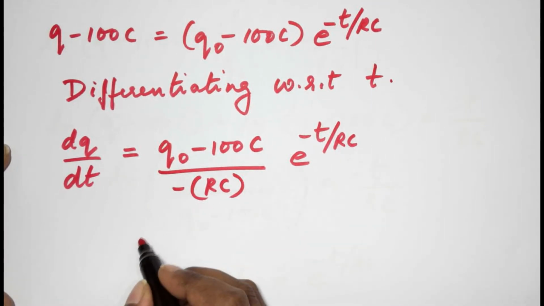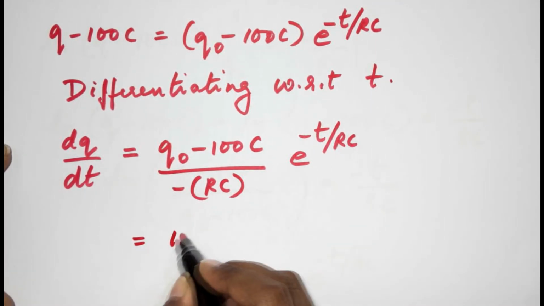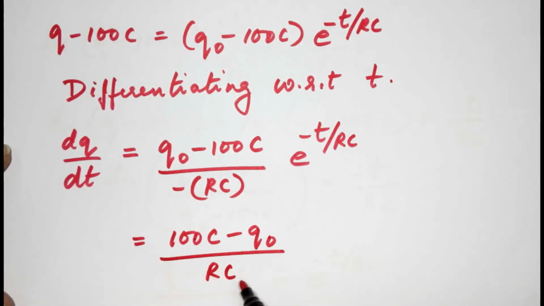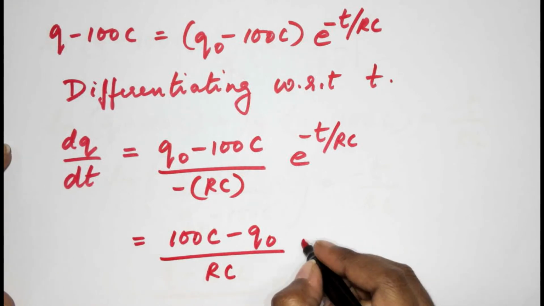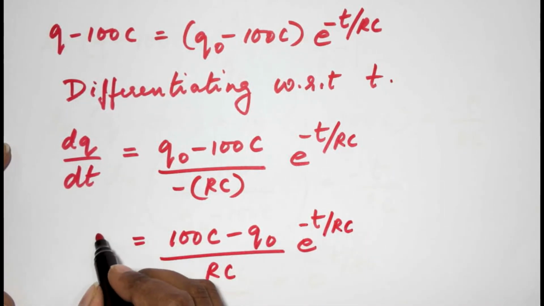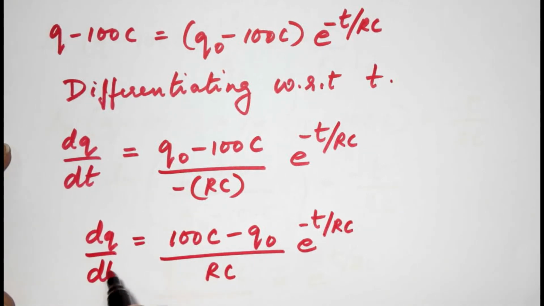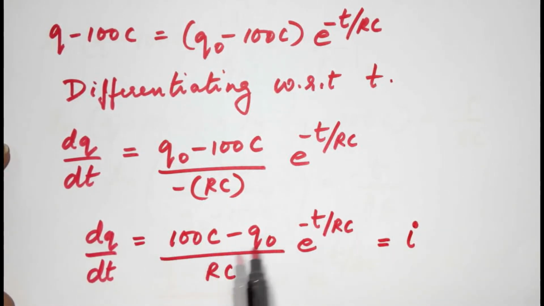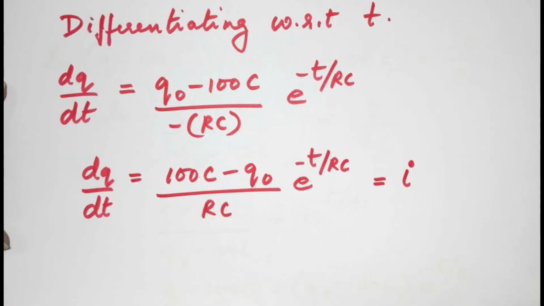Now this would be 100C minus Q0 divided by RC, taking care of the negative sign, times e power minus t by RC. So this is dQ by dt. But we wrote in the beginning that dQ by dt is the current I. So 100C minus Q0 by RC times e power minus t by RC is the current I.